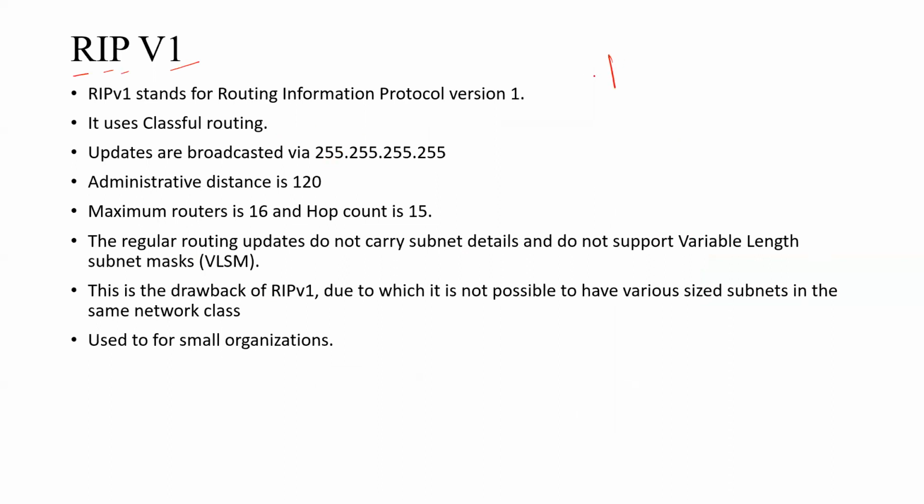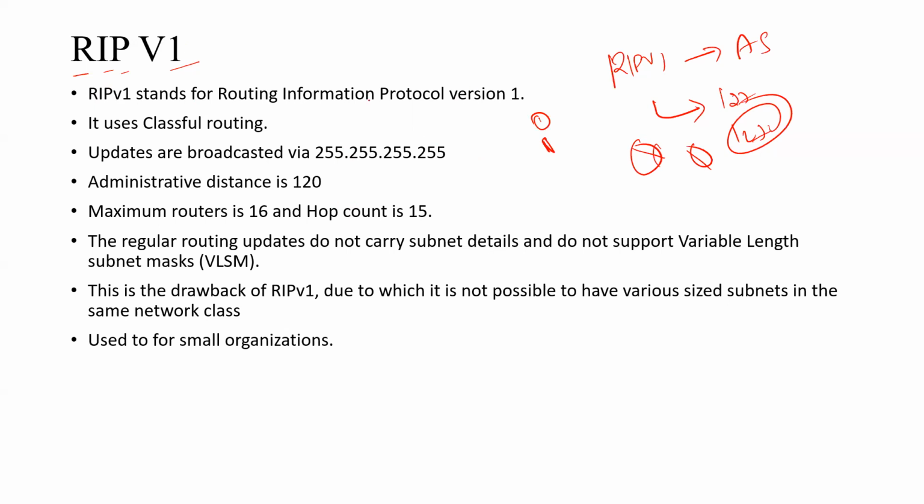It means if you are configuring RIP version 1 in an autonomous system, the requirement is that we need to have all the same kind of subnets. Updates between the routers will run through a broadcast. And we discussed AD value, right? For static route it is 1, and for directly connected route it is 0.